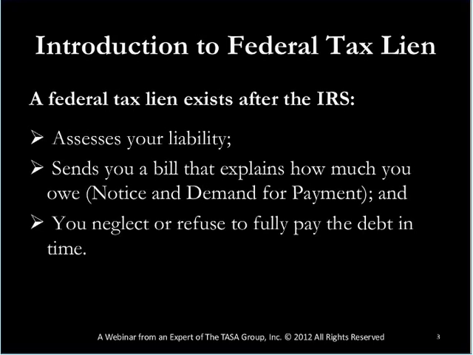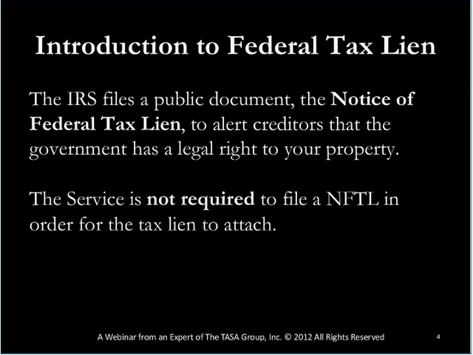What you see now are the three conditions that exist for the federal tax lien to arise, and arise is the word that the Internal Revenue Service uses. There has to be an assessment, notice and demand, and the taxpayer fails or refuses to pay the tax.